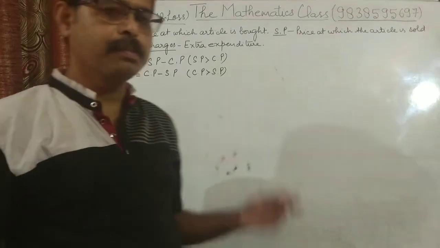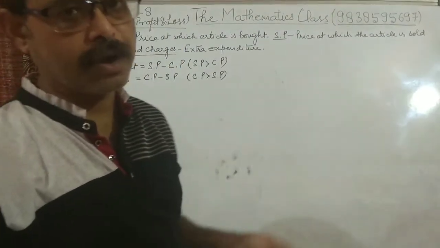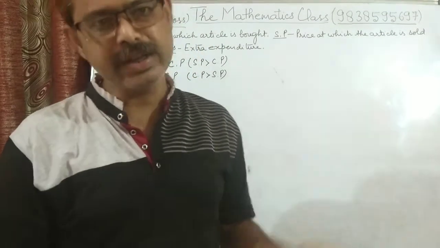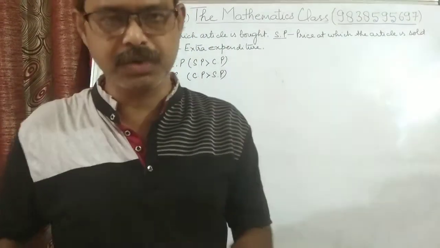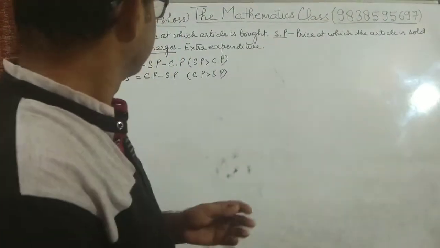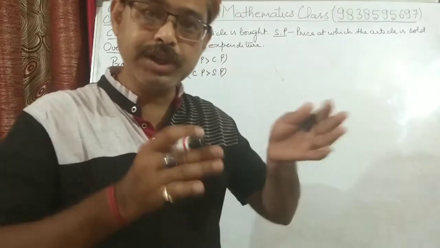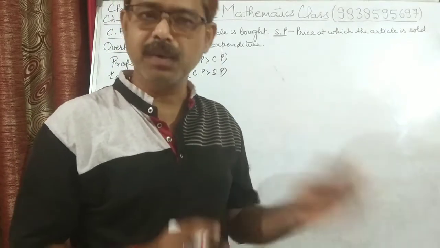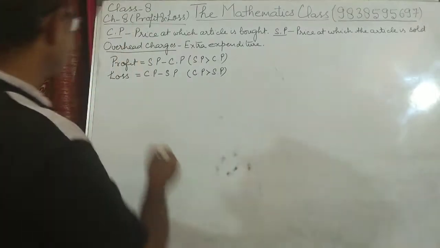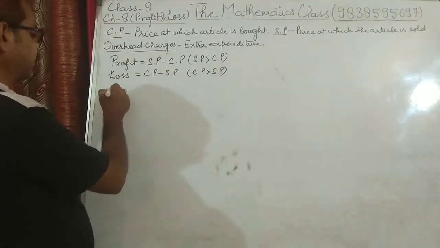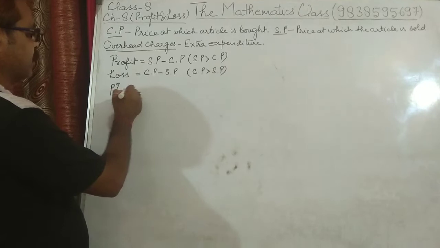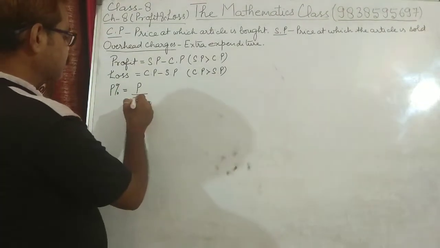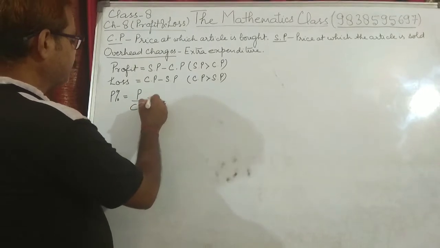Always remember, profit and loss are always calculated on the cost price. So for any sort of questions, when we move on to the questions I'll discuss, you need to know the cost price of the article or of the thing in the question, whichever we are finding. So profit percent is profit in rupees upon CP into 100.